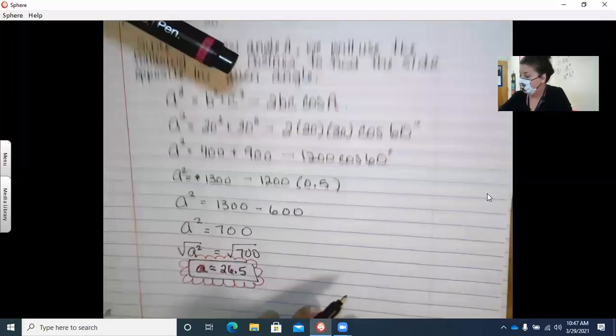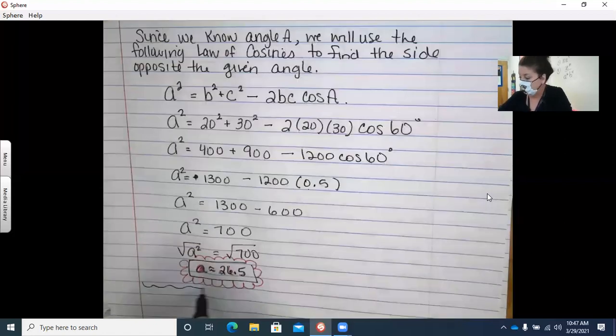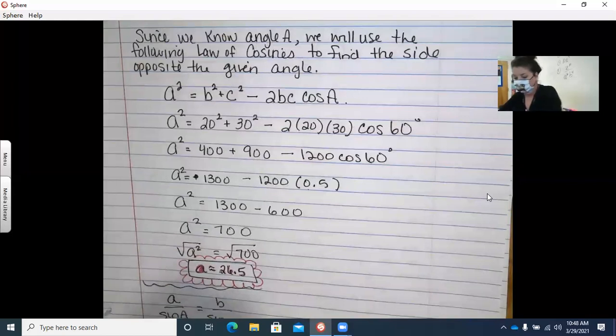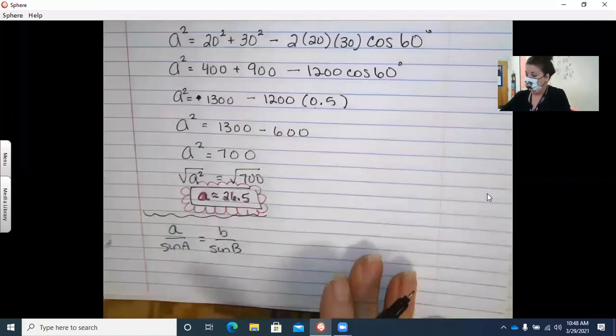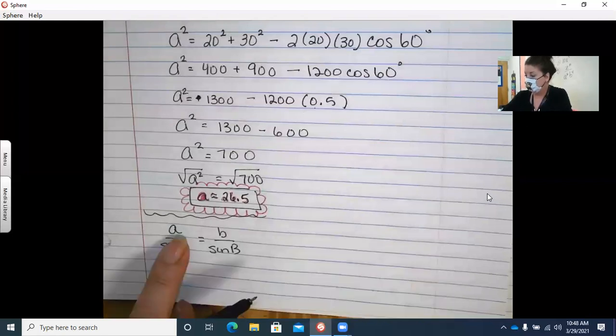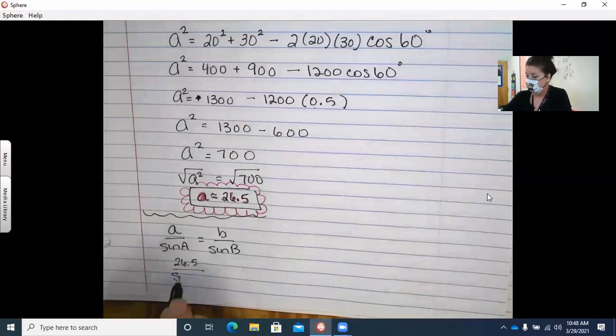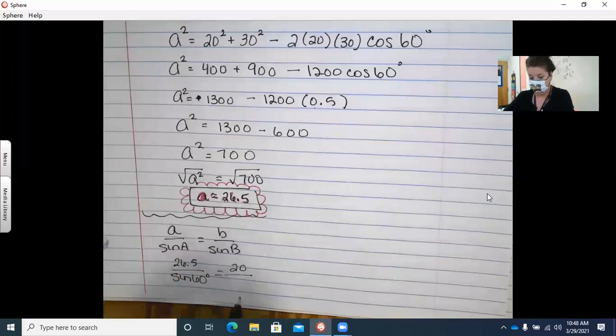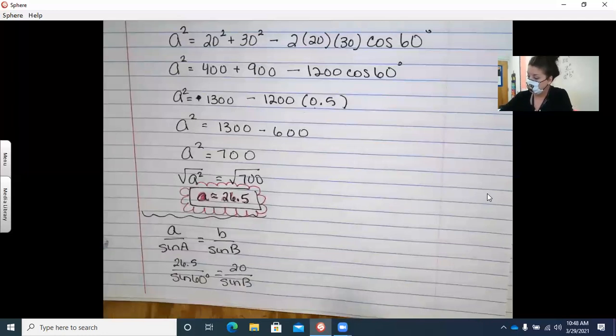So law of sines we learned before break. A over sine of A equals B over sine of B. So leg A, 26.5 over sine of 60 equals, side B was 20 over sine of B. I don't know sine of B. And then I'm going to find the cross product.